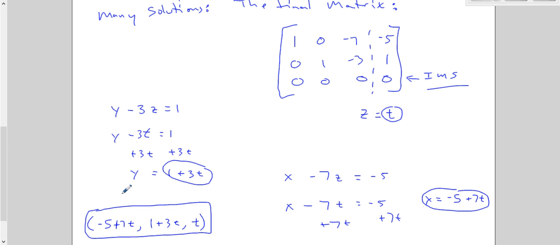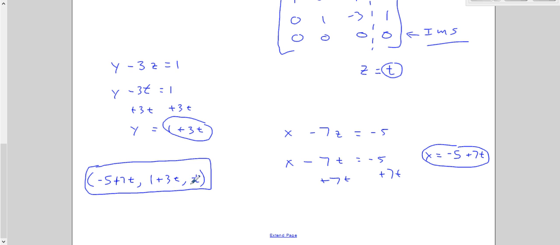Infinitely many, you just have every possible number out there to consider. When you have this ordered triple written out with these expressions, if I know a value for t or x or y, I could quickly solve and find out what that ordered triple is going to be. So that would be the purpose of writing that ordered triple. And that's it for 7.1.